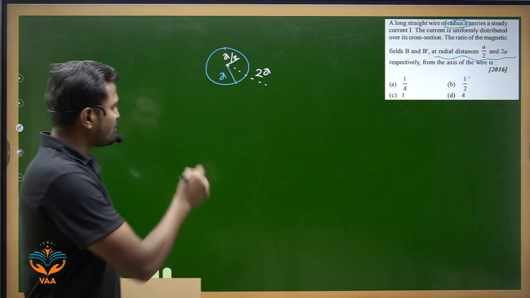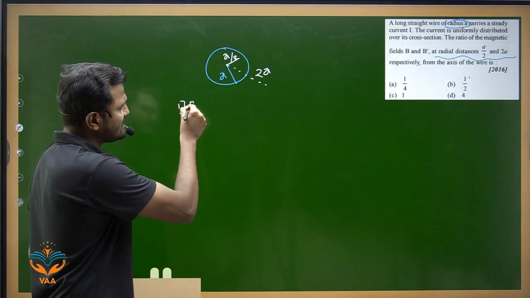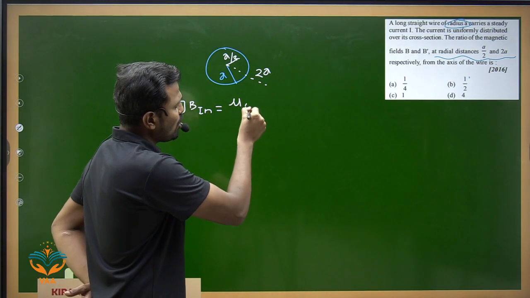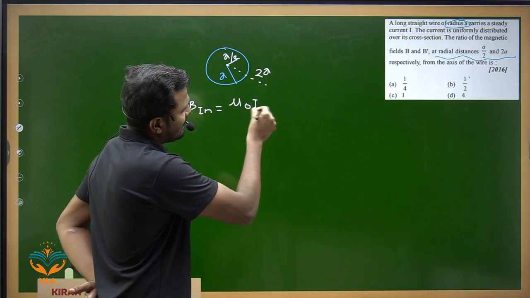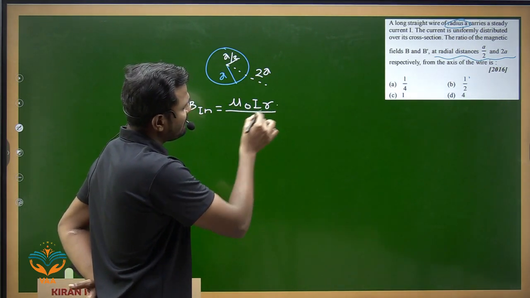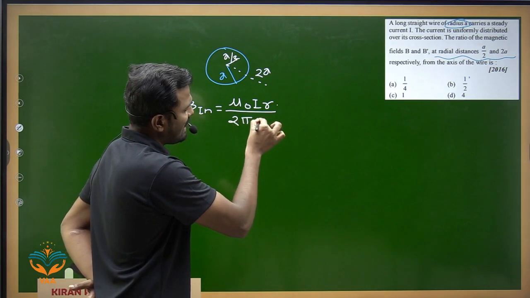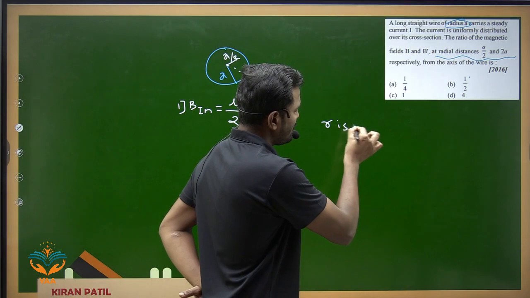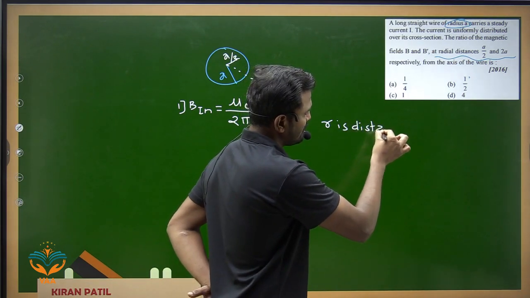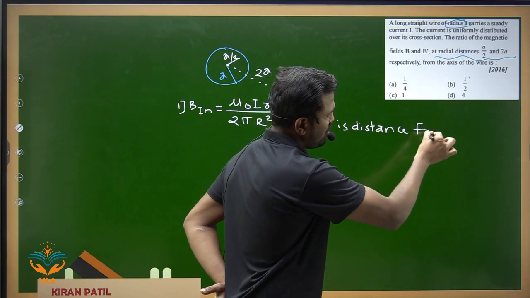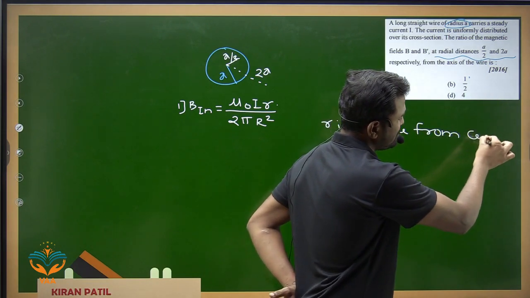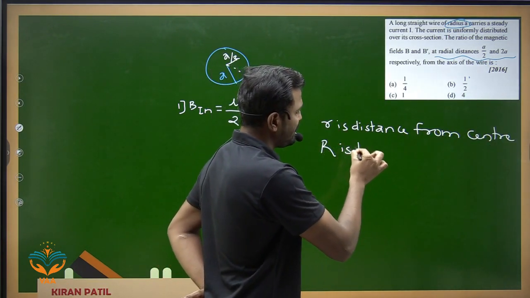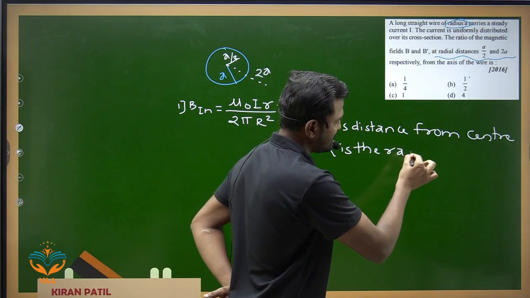So first, the magnetic field inside the wire, B in, for which we know the formula: mu naught I r divided by 2 pi R square. Here small r is the distance from the center, and capital R is the radius.